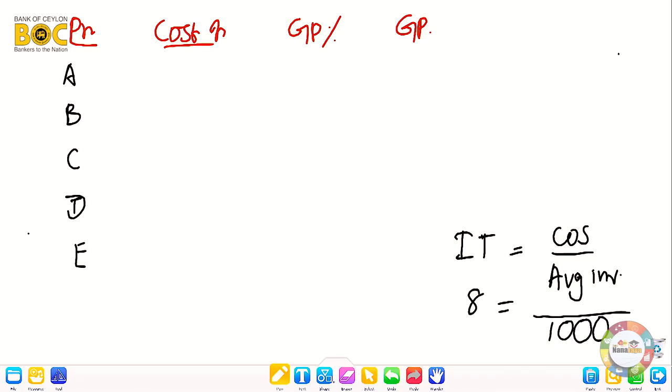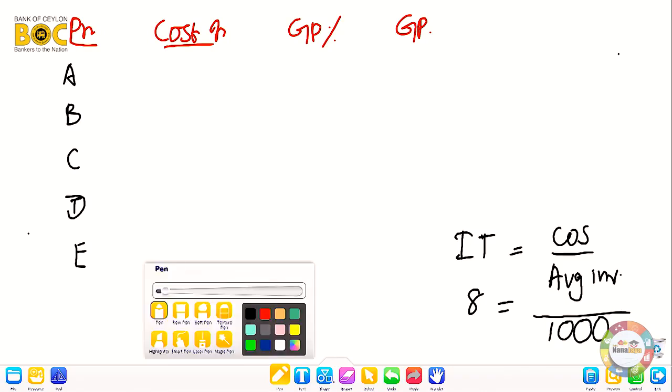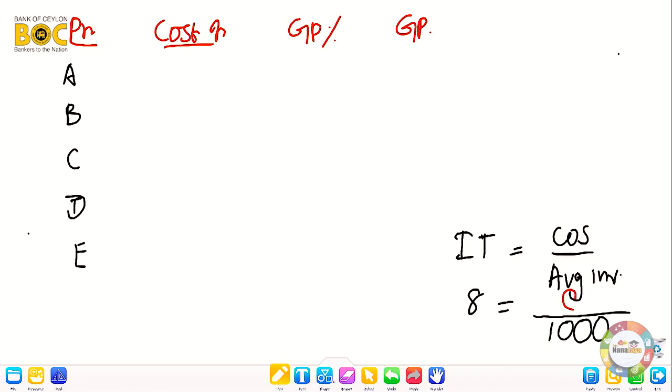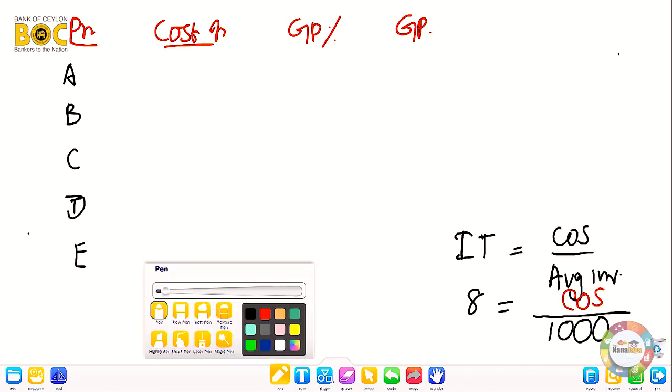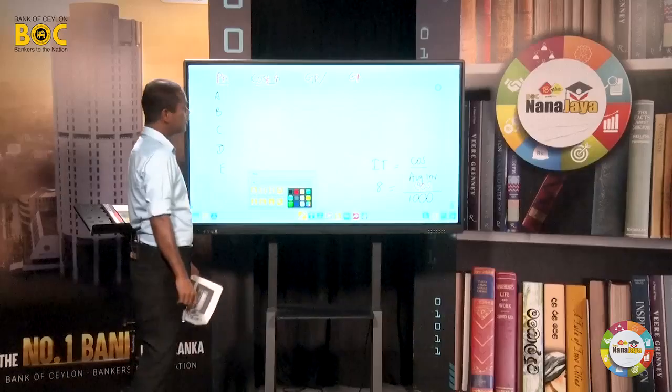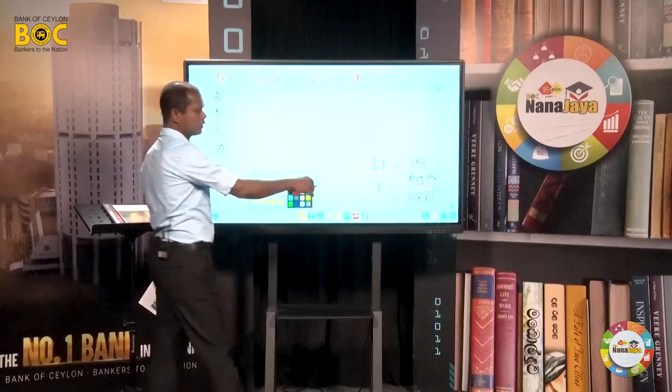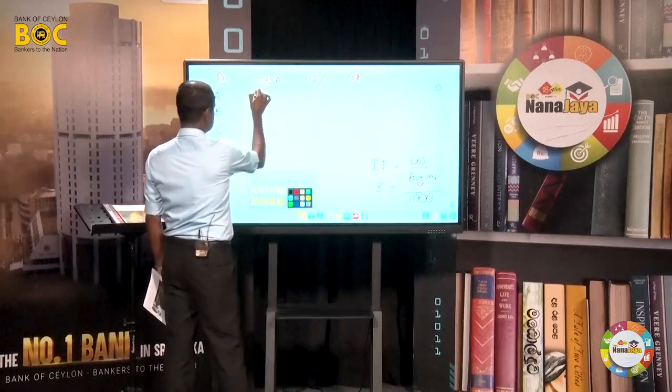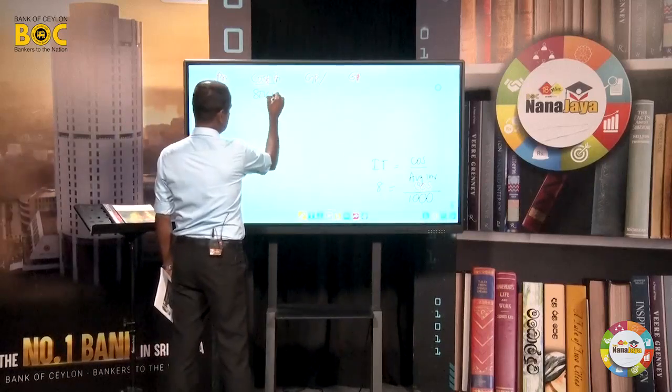You can calculate the cost of sales value. For product A, the cost of sales is 8,000 rupees.